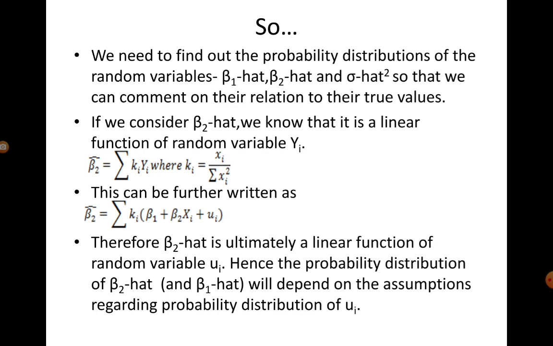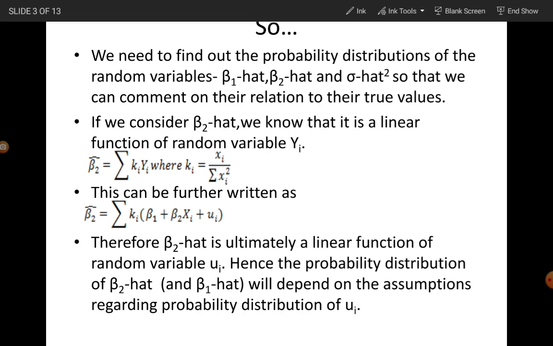So when I expand yi as beta 1 plus beta 2 xi plus ui, I can see that beta 1 plus beta 2 xi of the population regression function, that part is again non-stochastic. So in this second equation, ui is the only stochastic part in the entire expression of beta 2 hat, right?